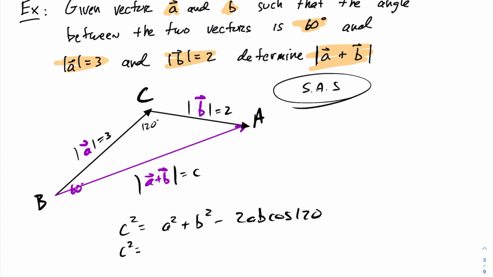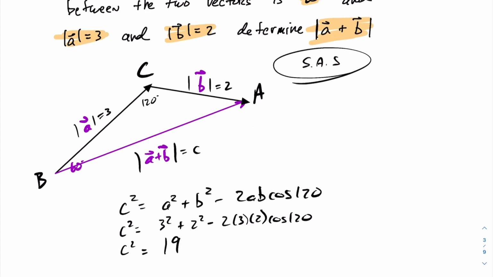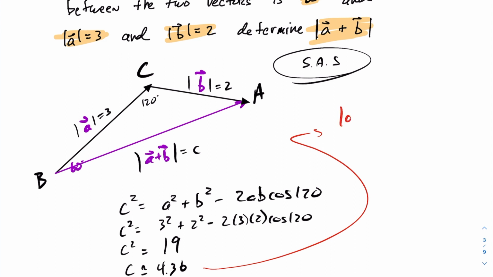Continuing, we get C squared equals 3 squared plus 2 squared minus 2 times 3 times 2 times cos of 120. Punching this in on our calculator, we get C squared equals 19, and therefore C is approximately 4.36. Therefore, the magnitude of vector A plus B is approximately 4.36.